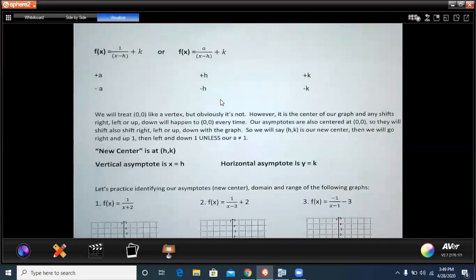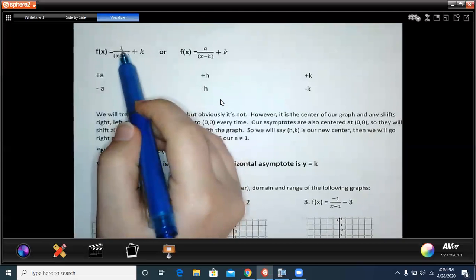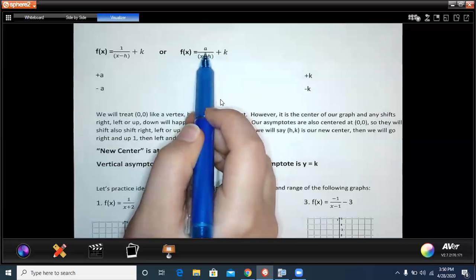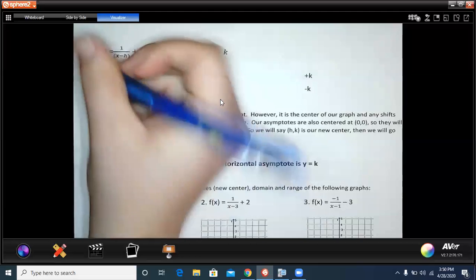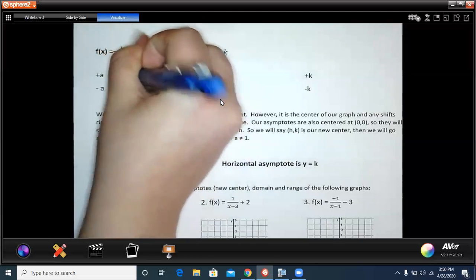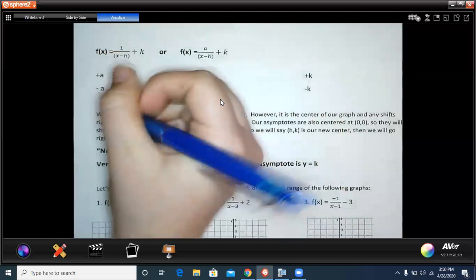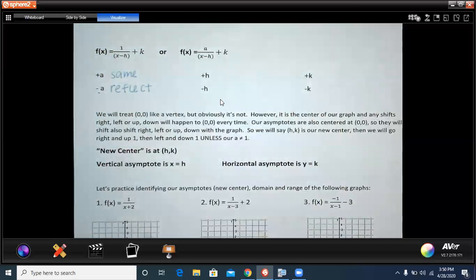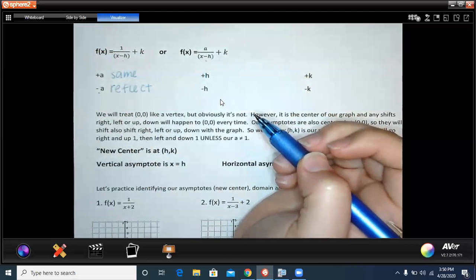Okay, so then we have two possibilities here. We could have one where the top is just 1, or our top is some number a. Now, when that number is positive, our graph stays the same as the parent function. But remember, when our first term is negative, that causes reflection. So it will reflect if we have a negative a value. All right, now remember, h, the part with x in the parentheses, is left and right, and it's opposite of what it says.